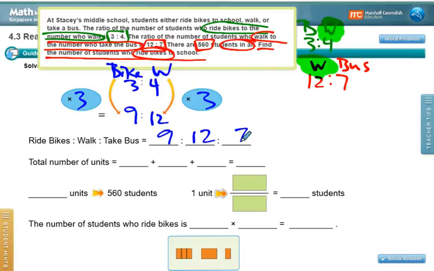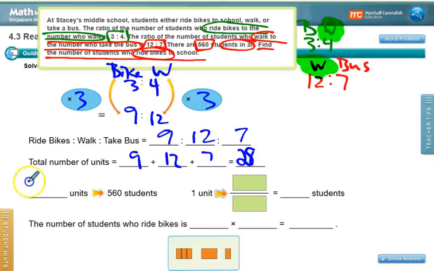So these are part to part to part. There's 3 parts to this whole. I could draw a picture again with 9 parts, 12 parts, and 7 parts, but I can identify the total number of units by taking 9, 12, and 7 and adding them, giving me 28 parts that make up this whole.